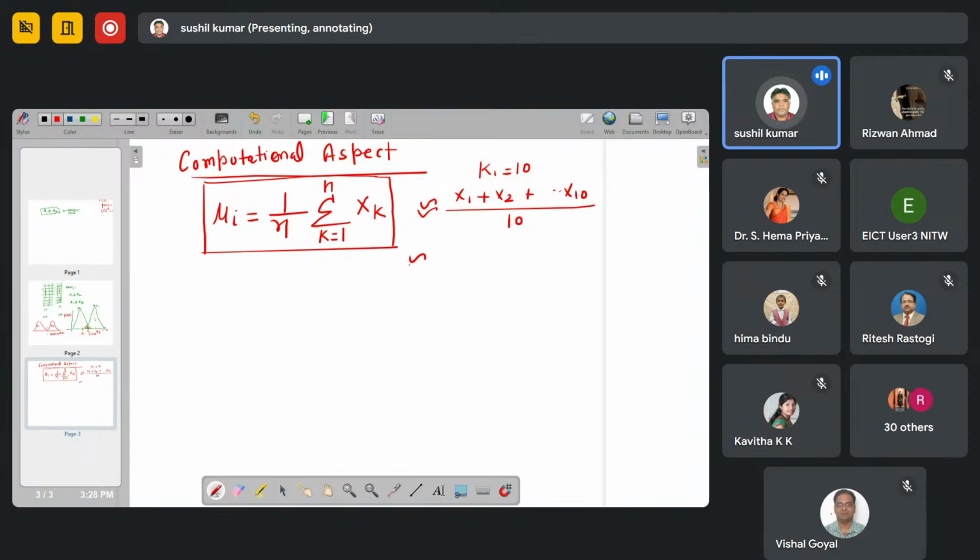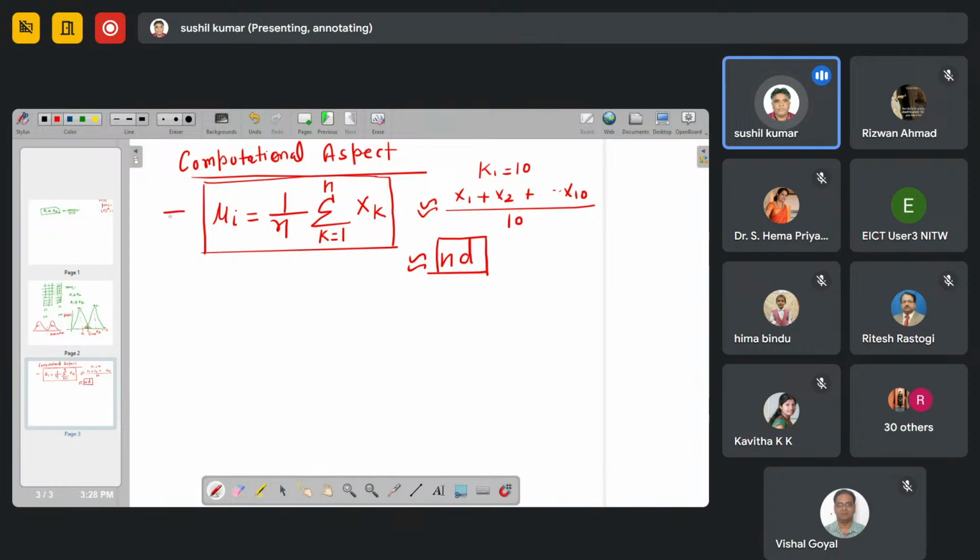What exactly are we saying here? n, the number of variables, is the dimension. So this computation depends on the dimension: a vector summation k is equal to 1 to n and division by n. So this is O(nd), and directly it depends on the dimension.